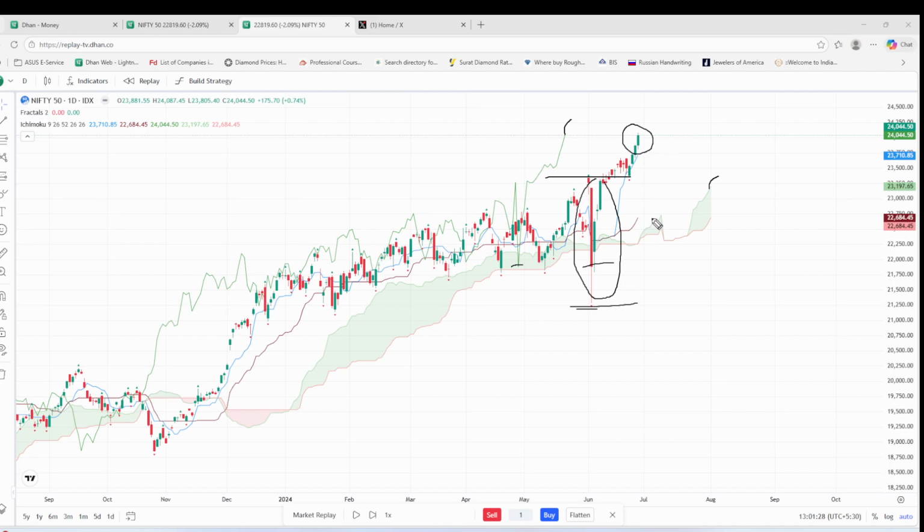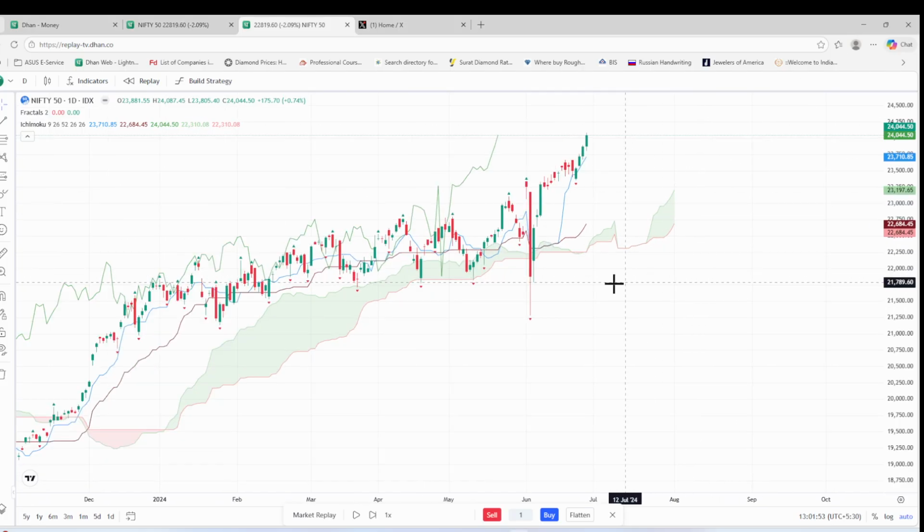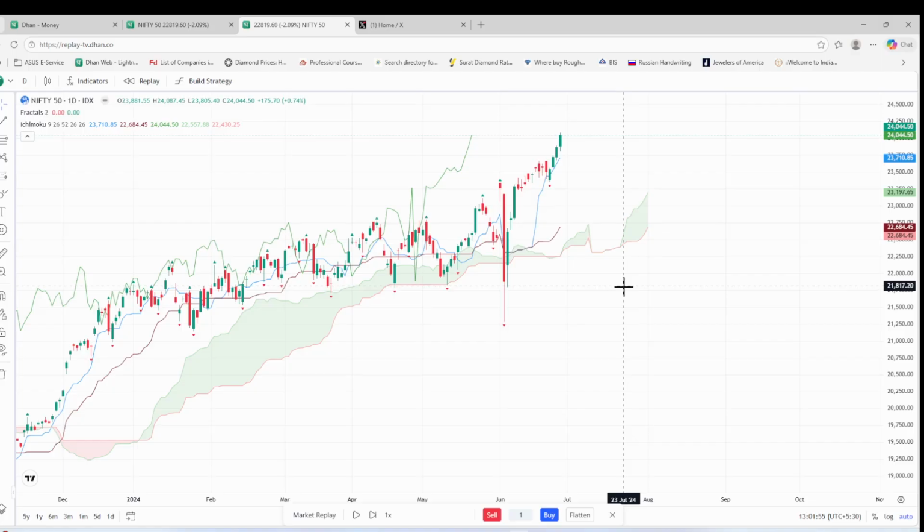This line represents 26 period current price action, and this blue line represents 9 period current price action, and the cloud basically represents the future. The cloud represents what you are looking for in the future, that is future volatility. If you don't know, please go to Ichimoku and you can look into it.